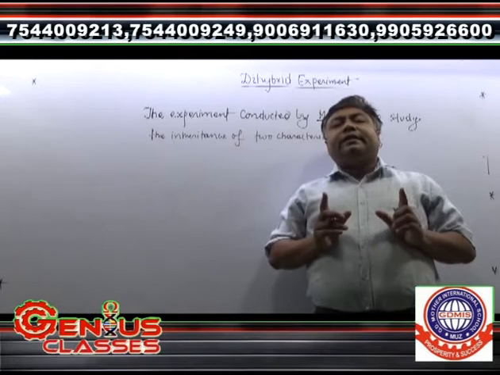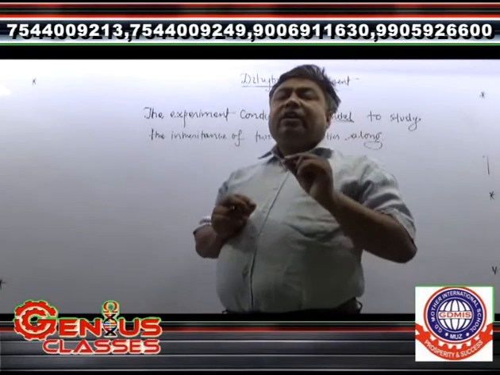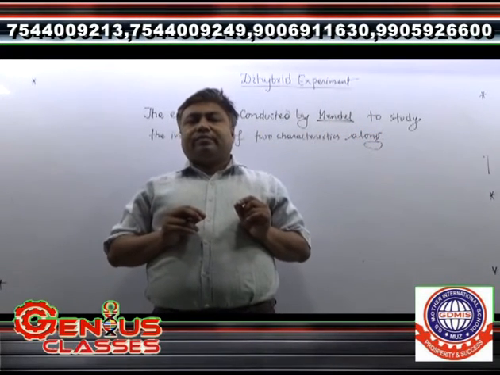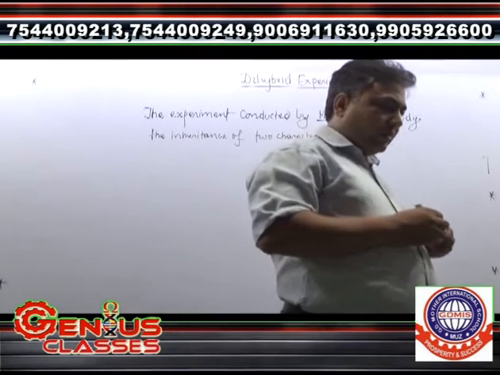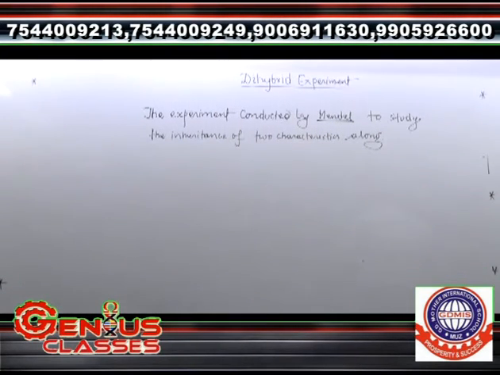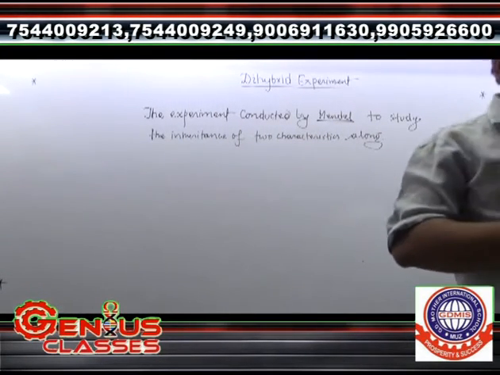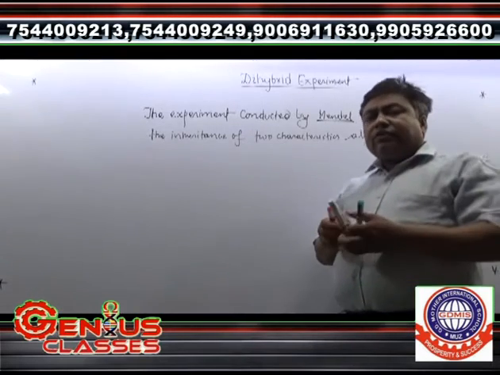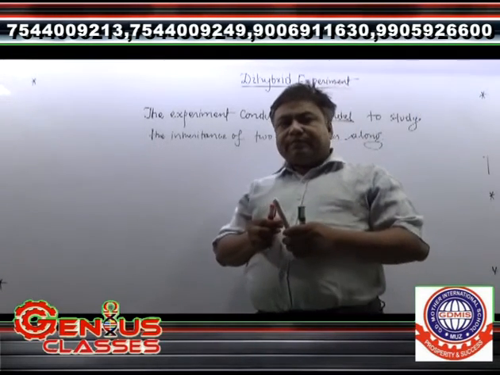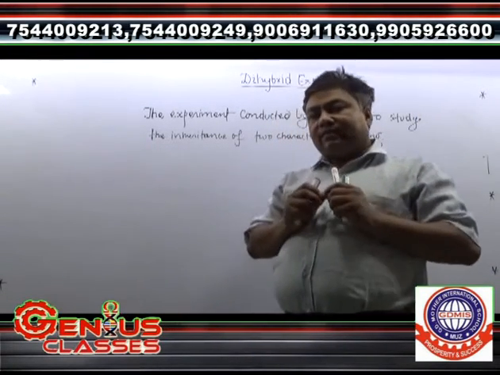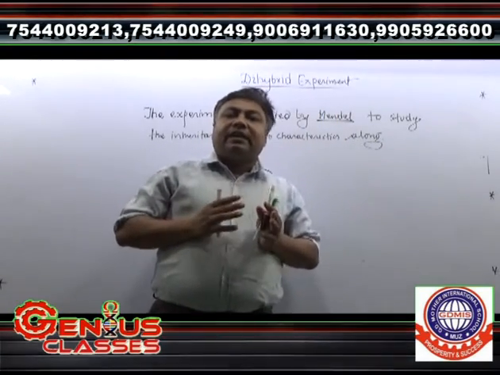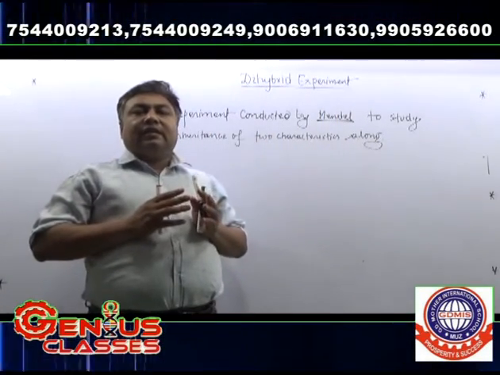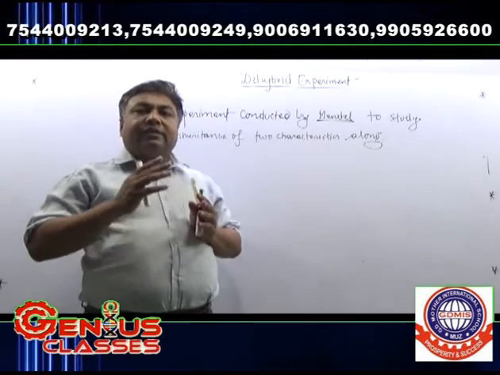Mendel selected two characteristics in one pure line breed. For example, the seed shape and seed color in a pure line was taken as characteristics.